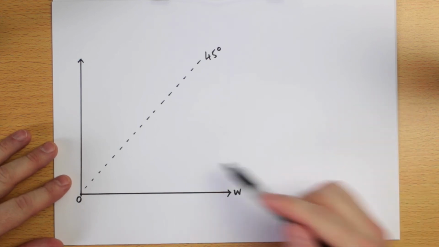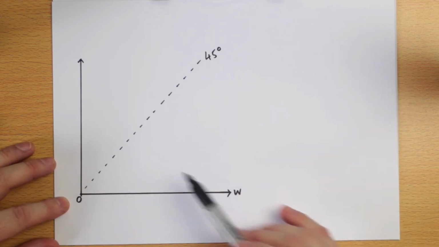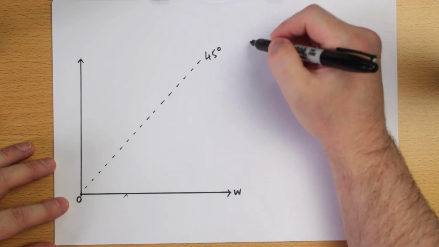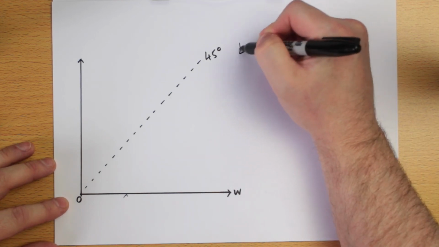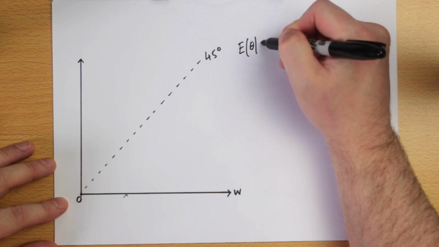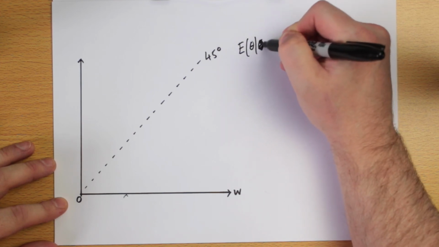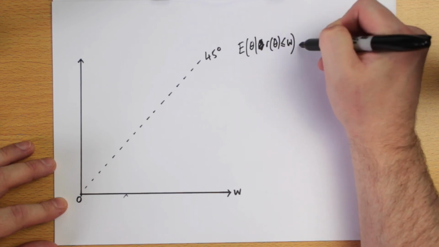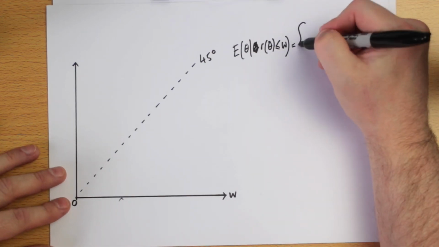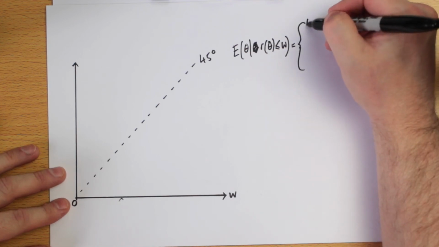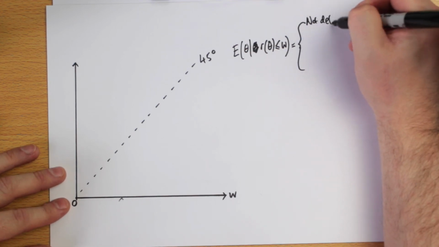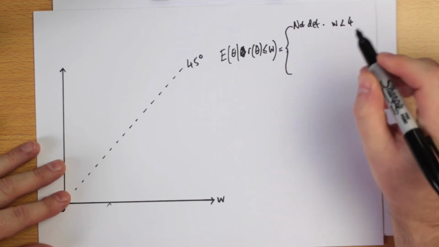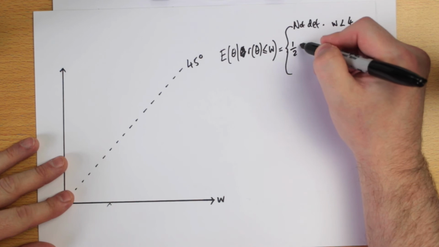So I've prepared a diagram here. I've marked in wage on the horizontal axis, and I've marked in this 45-degree line here. We had that the expected revenue, conditional on that acceptance condition, was not defined if W is less than 4.